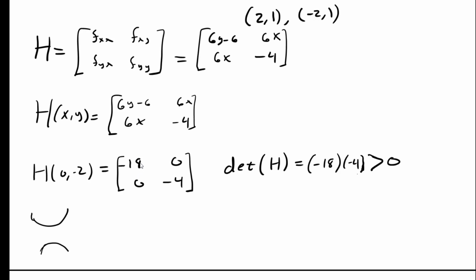So I just look at fxx. So this means local min or local max. Don't know which yet. So next I'm going to check the trace of H, and that's just what I get when I add the diagonals together.